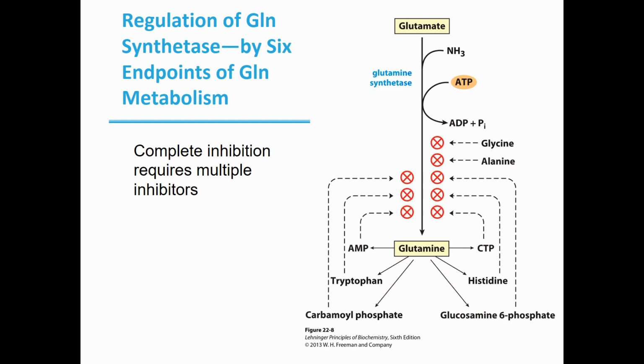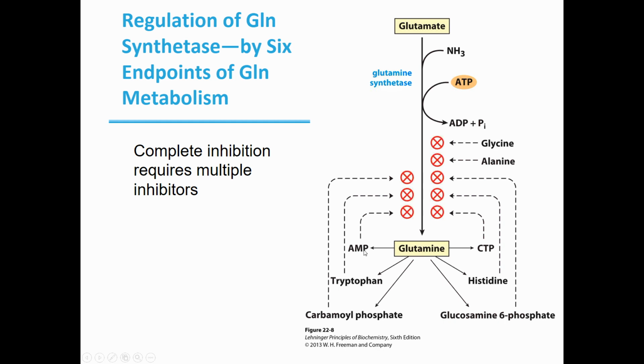So you can see that we have multiple amino acids that will inhibit the transfer of the amine group from glutamate to glutamine. This allows our body to determine we have a lot of amino acids available. So if we have a lot of amino acids available, let's go back and inhibit the production of glutamine. If we leave the amine group in the form of glutamate, that's going to trigger an increase in the urea cycle and further excretion of amine groups.